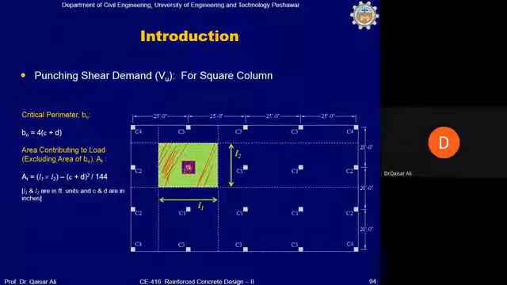So this will be L1 into L2 minus (C plus d) whole square divided by 144, if these are in inches. This will give you the green area. Once this green area is calculated, you can calculate punching shear from Vu equal to wu into At, which is the area contributing to the load.